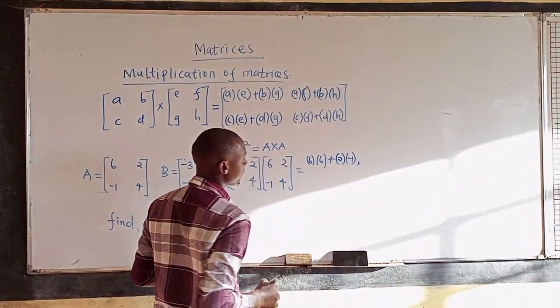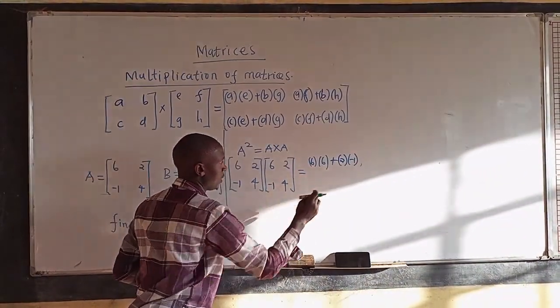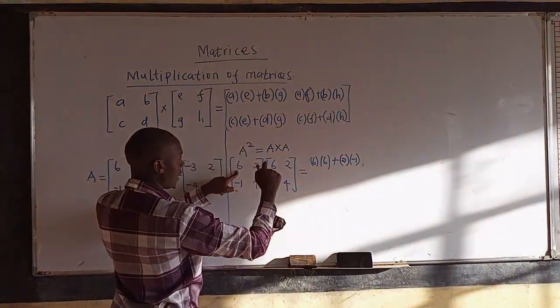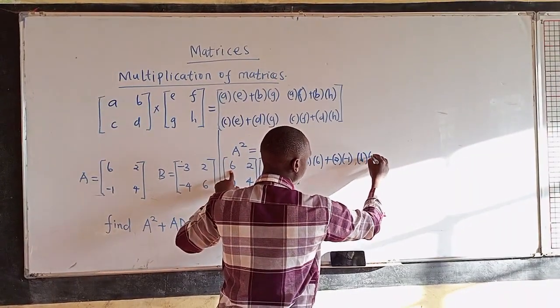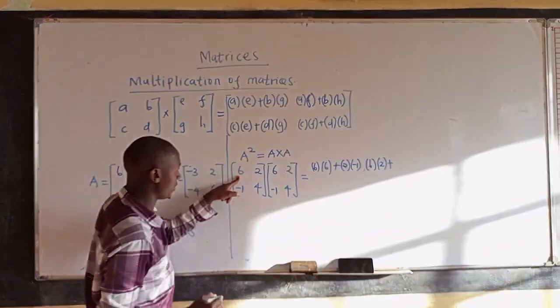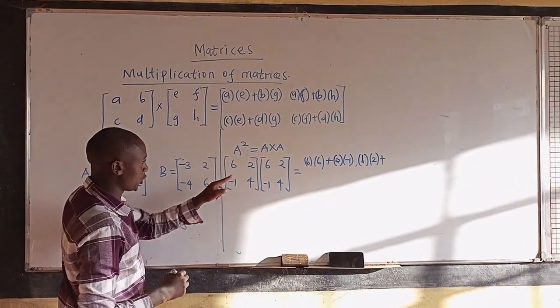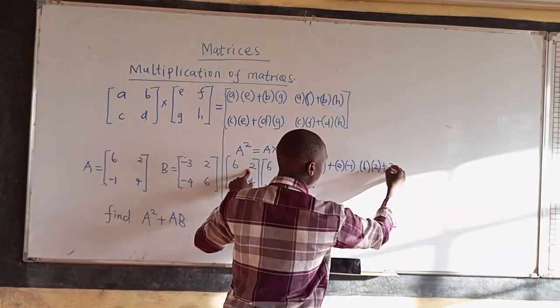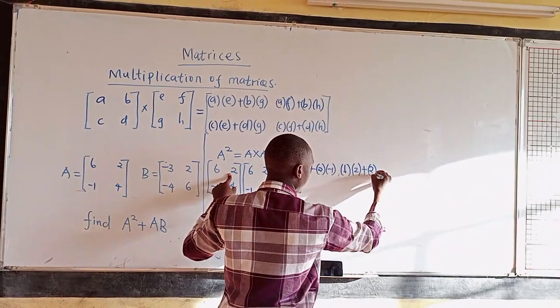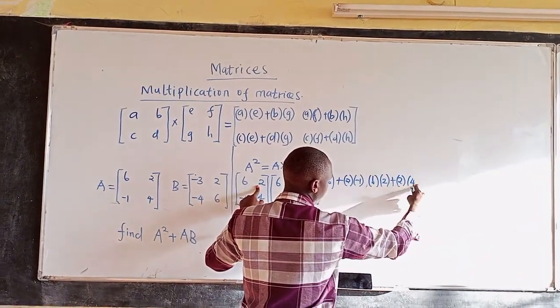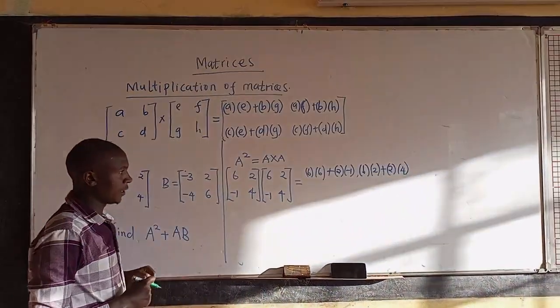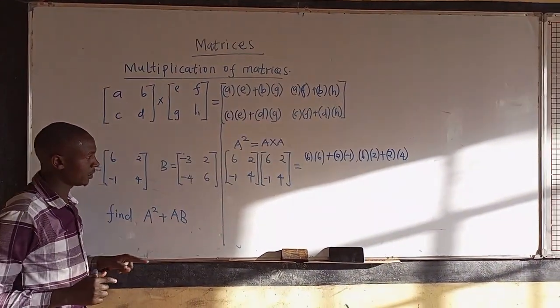The second element is 6 multiplied by 2, and we add that to 2 multiplied by 4. Now, on to the third element.